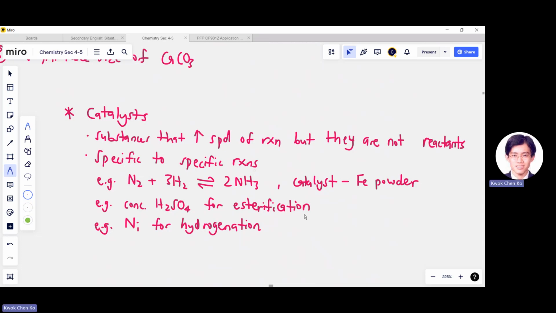Don't worry, coming soon. Hydrogen is a reactant, but it produces something else, obviously. Okay, you should know. What's the difference between oil and fat?